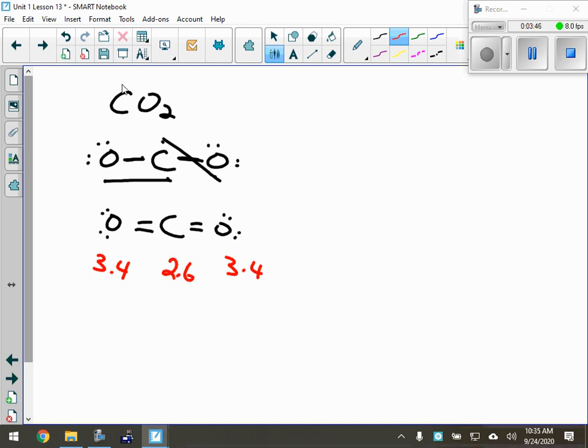So again, you don't have to do this. I'm just going to do this for my benefit and maybe yours as well. But I'm just going to get rid of this for just a second here. Let's just look at this carbon to oxygen bond here. If you look at those two atoms there, all right, let me ask you this. What kind of bond is that? You have two options, and you need to know this.